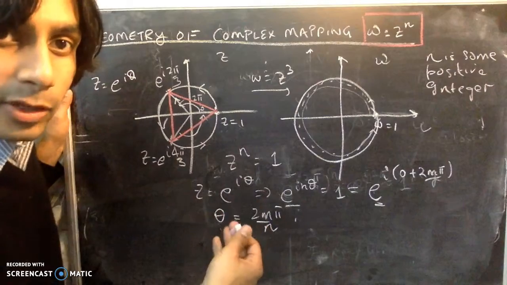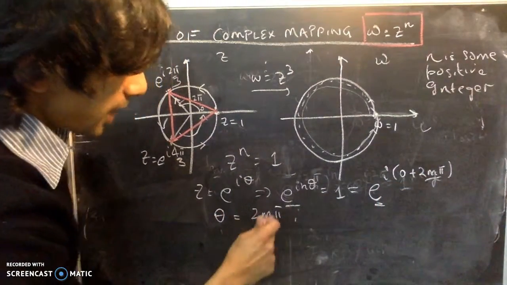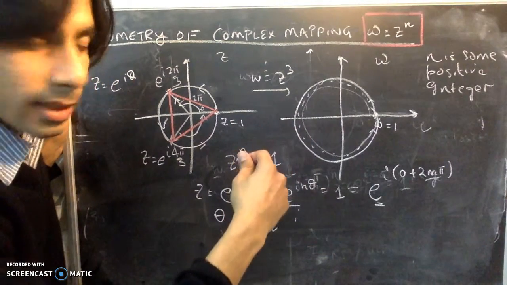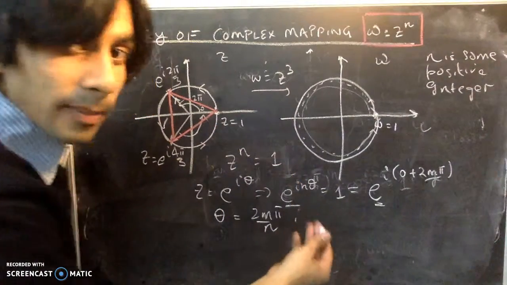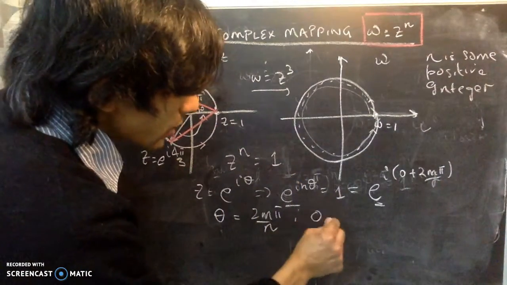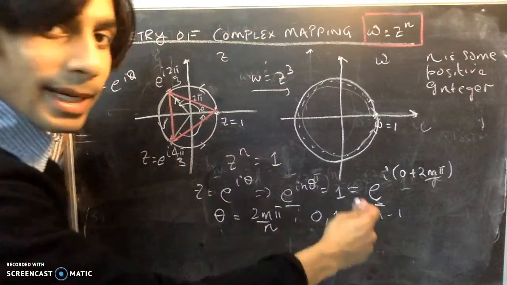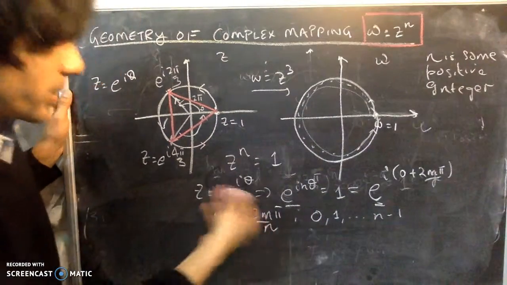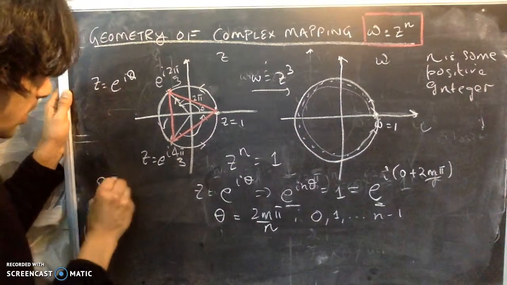Now, how many distinct values can m take? We know that if m is n, then theta is 2 pi, which means we have arrived back in the z plane at the point z equals 1. So therefore, m can take all values from 0, 1 to n minus 1. These are n distinct values that m can take. Let's pick up a couple of values. For m equals 0, theta is 0.